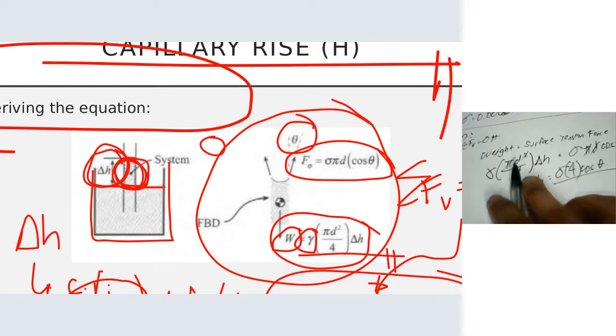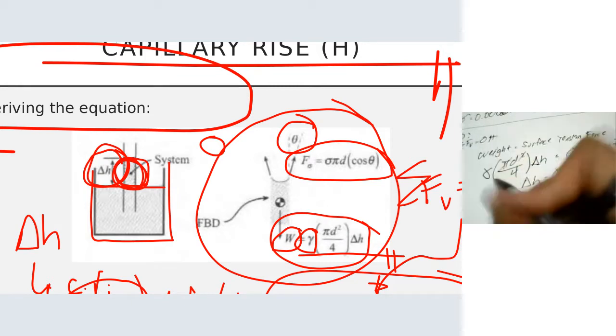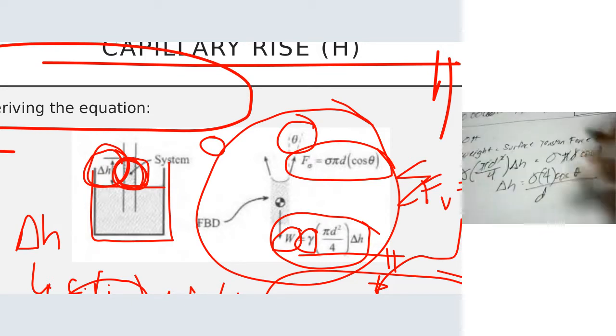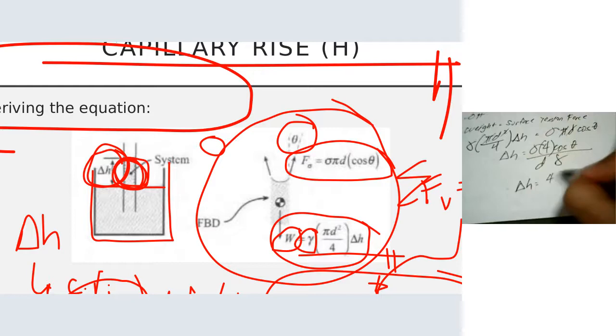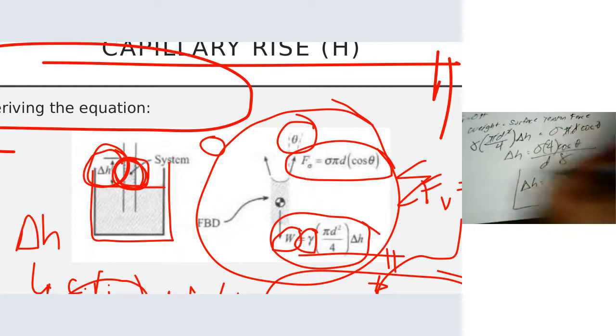We have the diameter times the unit weight. So, ito pala yung equation ng capillary rise.